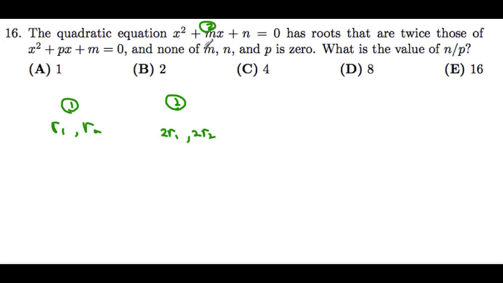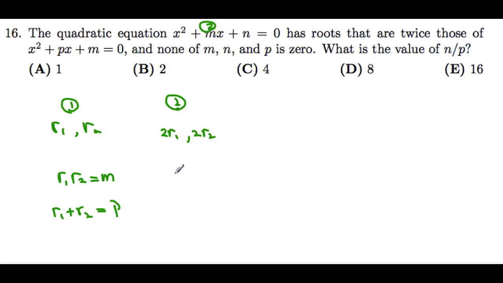But notice that M is common in both cases. So let's try to look at it. What is M? M here is equal to R1 times R2, because the product of the roots is equal to M, while R1 plus R2 is equal to negative P. Now, how about here?